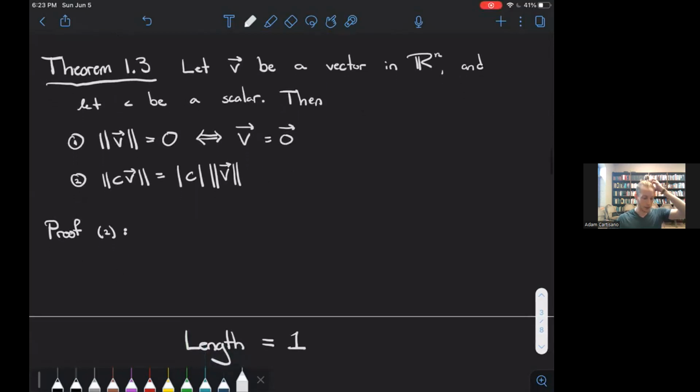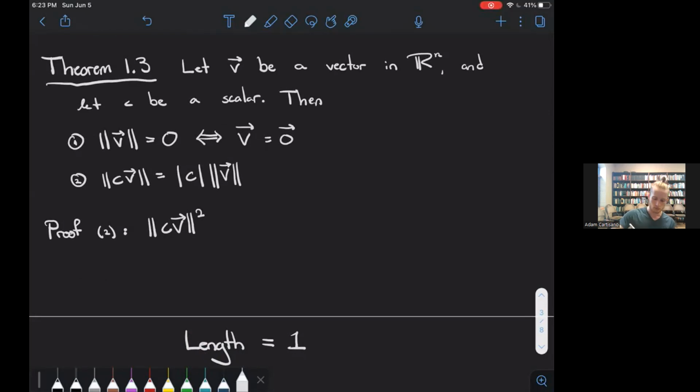And the way that we're going to do it is we're going to look at the norm of CV squared, the square of this norm. Remember, CV is just a vector. It's a scaled vector, but you just multiply all the components of V by the scalar C.